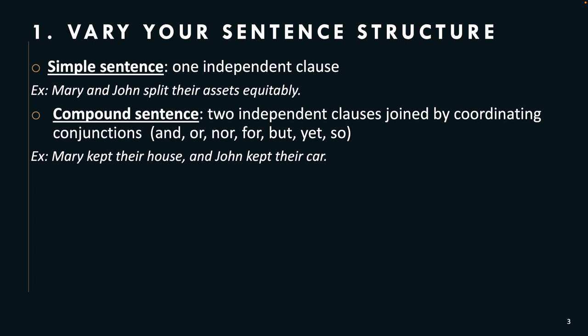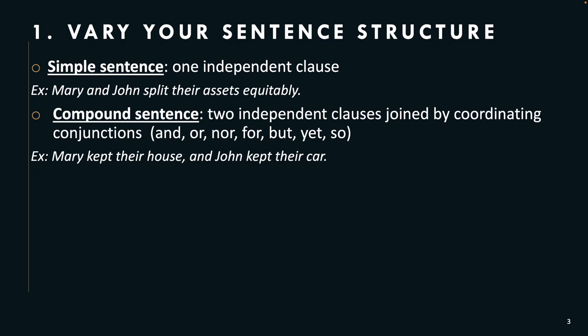If we divide these two independent clauses, we can have two sentences. Mary kept their house. John kept their car. But we want to join them. We join them with a coordinating conjunction, such as and. And we have here a compound sentence.